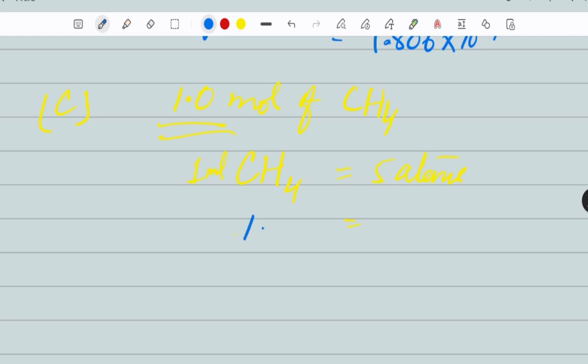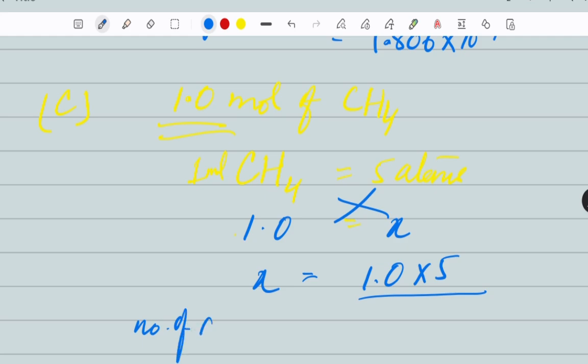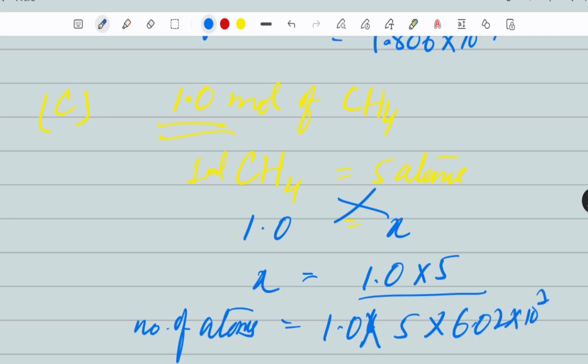So in 1.0 mole we have how many atoms? It will be 1.0 into 5 moles of atoms. So the number of atoms will be calculated by 1.0 times 5 times 6.02 into 10 raised to power 23, and the answer for this C is 3.01 into 10 raised to power 24.